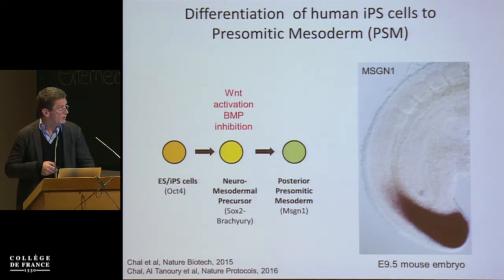And the way we monitor the differentiation to the posterior presomitic mesoderm fate was by engineering reporter lines, where fluorescent reporters would be placed under the control of the promoter of genes such as Mesogenin-1, which is expressed in the oscillatory domain of the presomitic mesoderm.